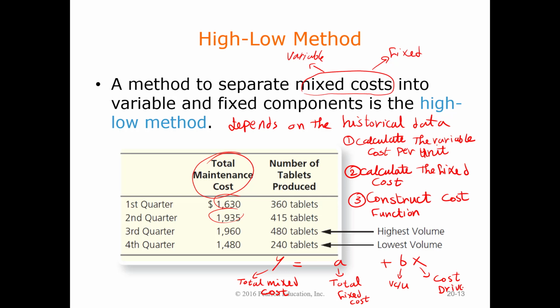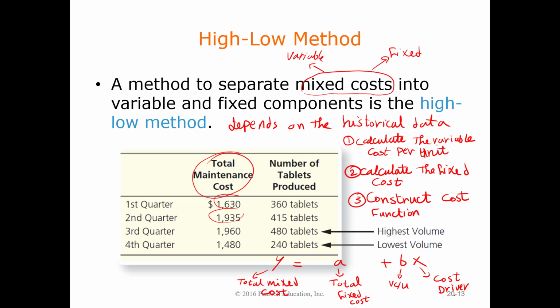What is cost driver again? Any factor that is causing cost. So if I'm going to calculate the cost that is measured per hour, so the number of hours is the cost driver. If I'm going to calculate the cost based on the number of labor hour, then the labor hour will be the cost driver. If I'm going to calculate the cost based on the number of kilometer, so the kilometer is the cost driver.